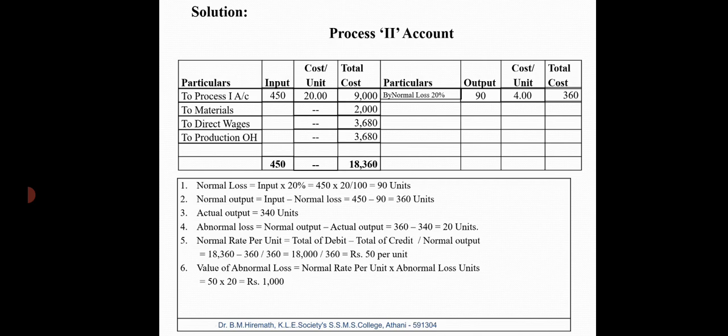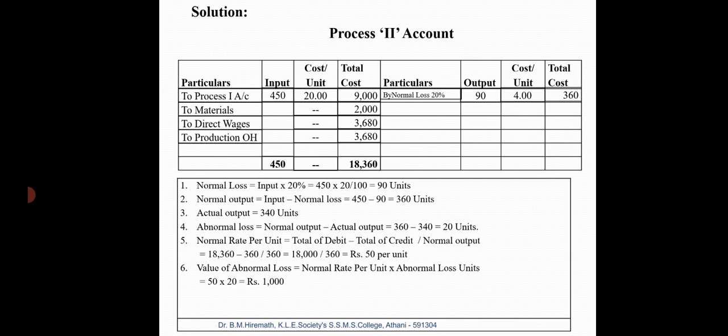Here the expected output is more, but actual output is less. So we expected 360 units of output in process 2 account, but we got only 340 units, means we got less than the expected units. How many units? That is 360 minus 340 is equal to 20 units.